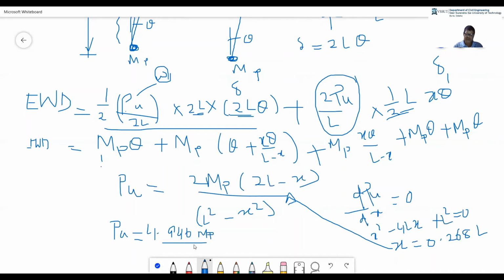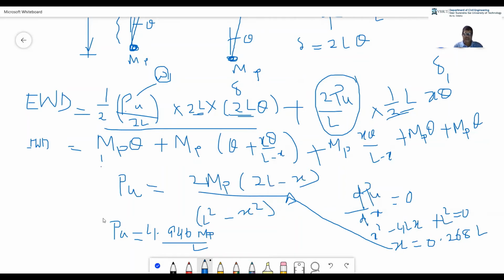So this is how we can find out the value by considering the composite mechanisms. That can be obtained directly. So I think you understood this.